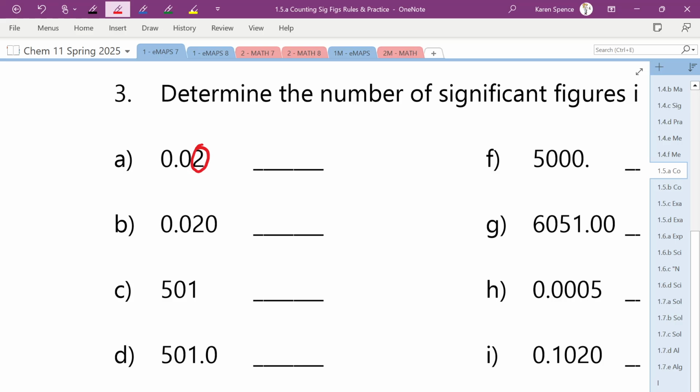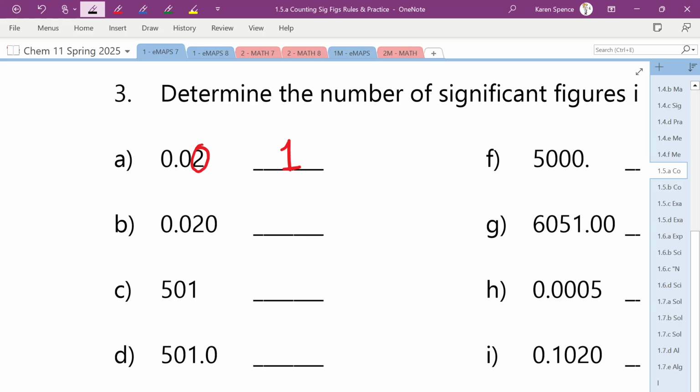Okay, I've been noticing a lot of people are having the same questions, so I'm gonna go over a few of these together when it comes to identifying the uncertain digit. For this first one, we had one sig fig.